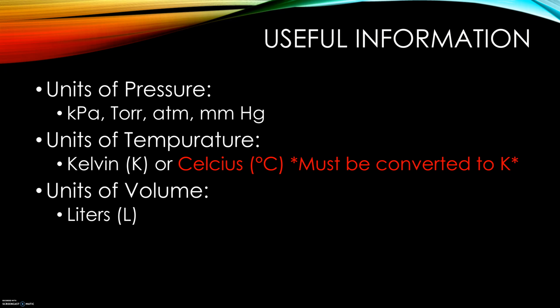Also, meters cubed can count as units of volume because anything to the power of 3 is 3-dimensional, and we're talking about volume and space. So these are the 3 main units that you have to be able to easily identify whenever we encounter most of these gas law problems.